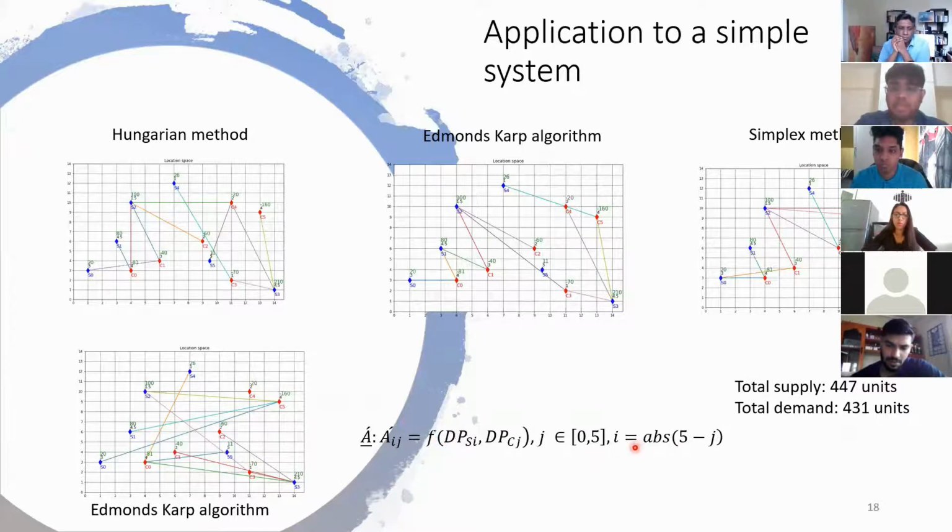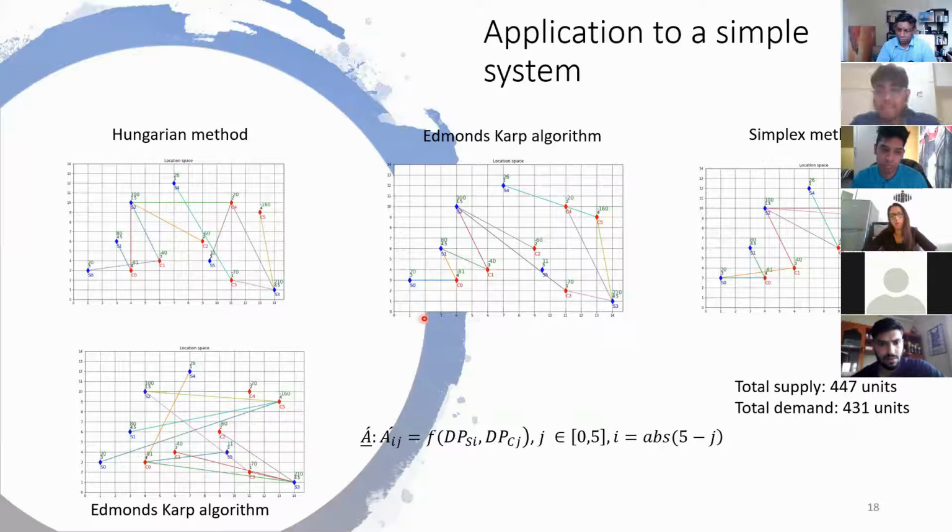So over here, what I did was I reversed the ordering of the rows. So the first row was put as the fifth row, and the second row was put as the fourth row, and so on. And so I processed it with the Edmonds-Karp algorithm. And as you can see, you get different IS networks.